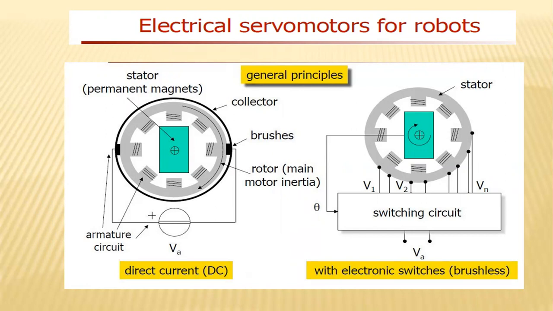In the case of the electrical servo motors for the robots, see here, upon passing of this direct current power supply with electronic switches, which are brushless switches, utilizing the stator with a permanent magnetic source and having these brushes, it initiates the positive and negative supply upon passage of the voltage and collects the required output based on the movement of inertia.